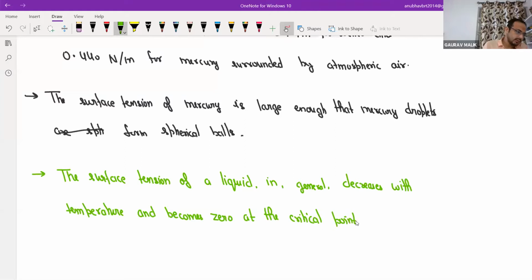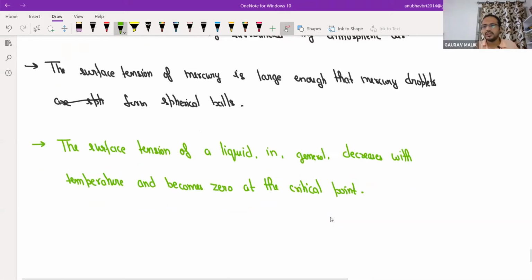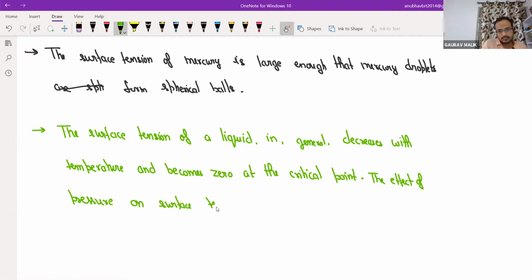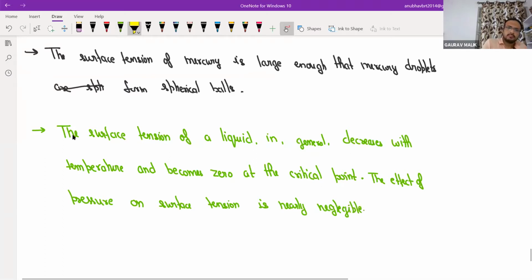And the effect of pressure on surface tension is nearly negligible. Please remember this thing.